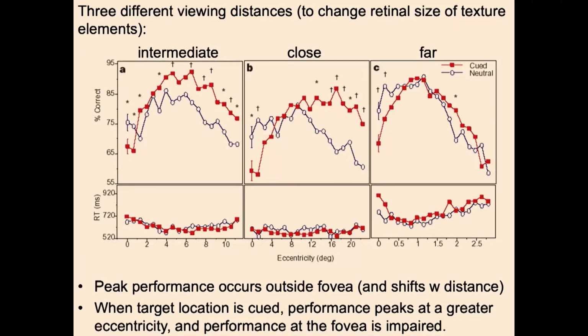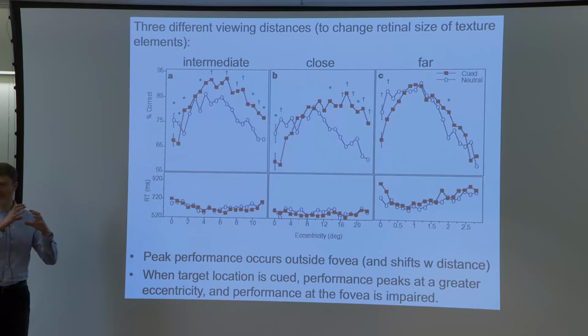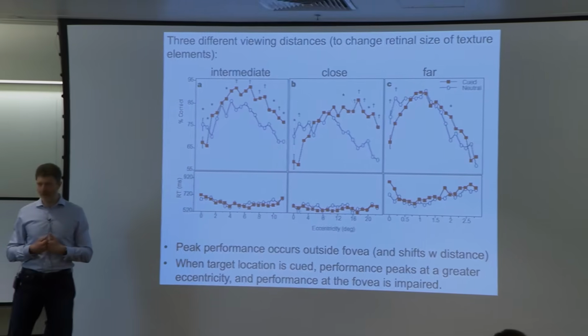That's consistent with the idea that when that cue pops up, the receptive fields get a little bit smaller. As a consequence, the eccentricity at which the receptive fields are best matched to the texture moves out to the periphery a little bit. Pretty wild.